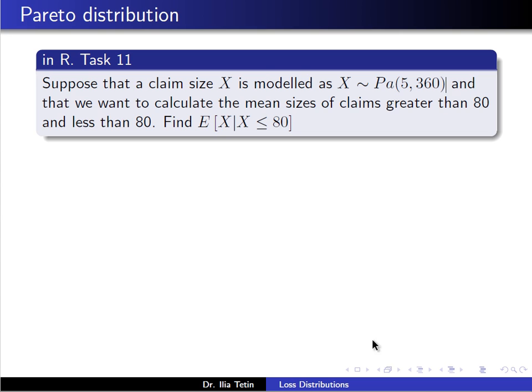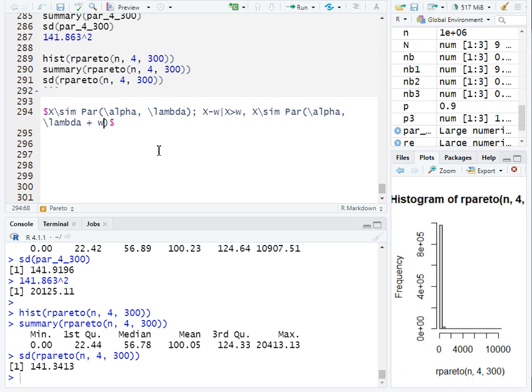Okay, so let's move to R and just calculate what we see in this example 10. So let's carefully place our formulas and obtain the results of these calculations.